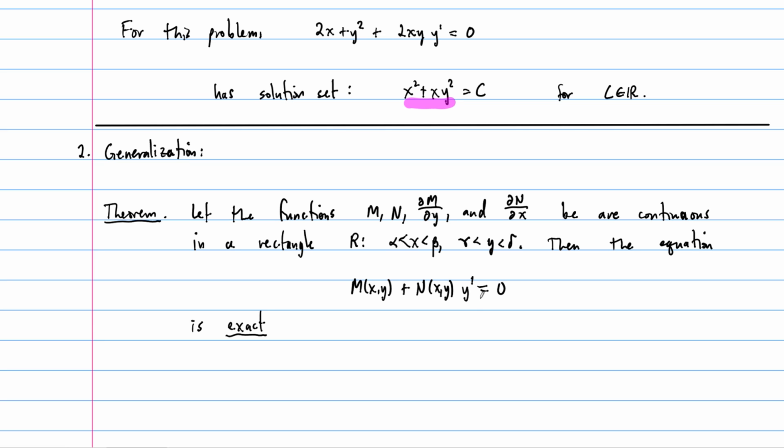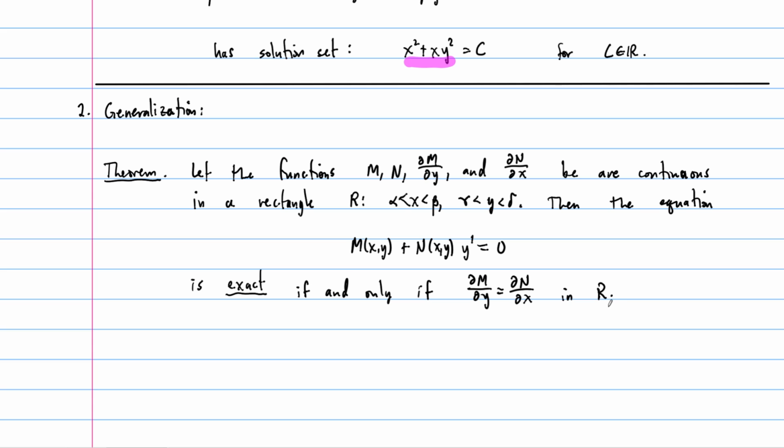This equation is exact if and only if the two partial derivatives are equal to each other. So if dm by dy is equal to dn by dx in all of R, in the entire rectangle R. So the equation is exact on the rectangle if the partial derivatives are equal on the rectangle.